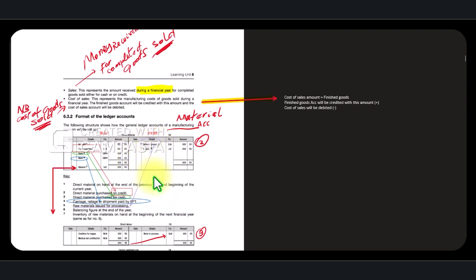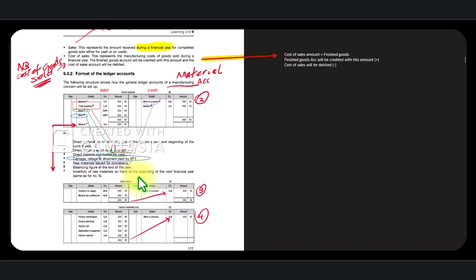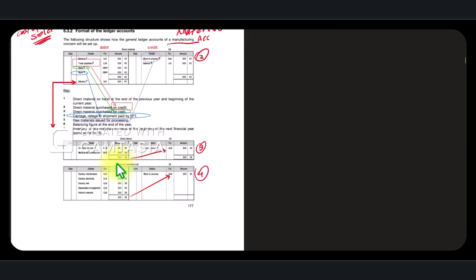But it's not only material, right? As you know, it's also the labor. People who are going to put this material together or who are going to transform this material in order to produce or manufacture goods, right? So that will be your direct labor, as you can see here, and your factory overhead cost. Like we say, everything that is indirect.